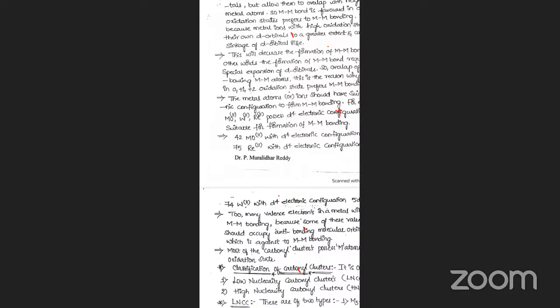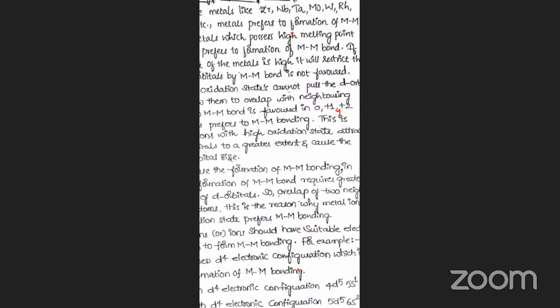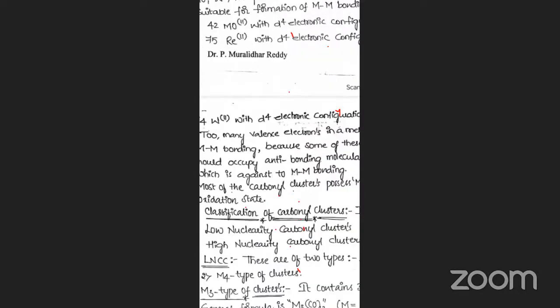Because the required number of electrons is not available. So, with 0, plus 1, plus 2 oxidation states, the metal atoms or ions prefer to form metal-metal bonds. Based on these points, clusters are formed, and some heavier elements also form clusters.